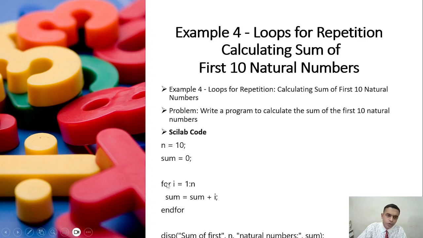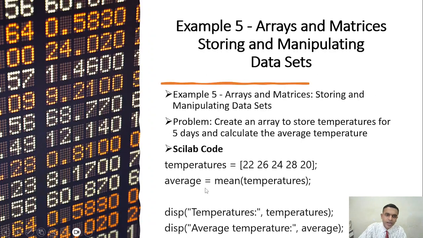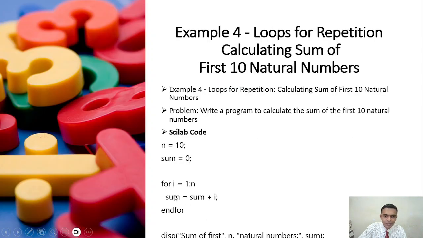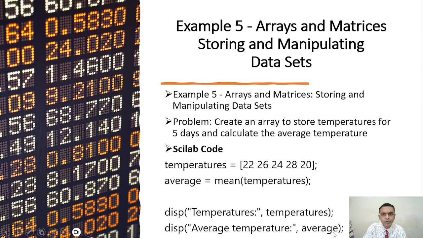Now here the for loop will run for i equal to 1 to n, the first 10 numbers we want. sum is equal to sum plus i, and here i is the iterator, which itself is also a number. And you have to end the for loop. So you initiate the for loop, you end the for loop, and then you display the sum of the first n digits is equal to this much of the sum. So this is the fourth example.